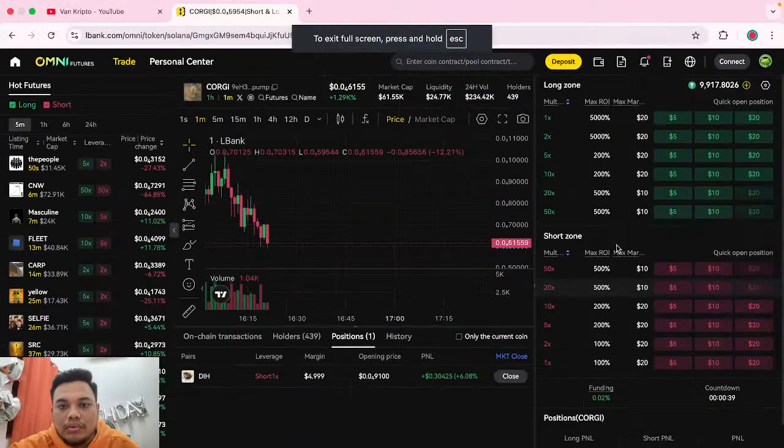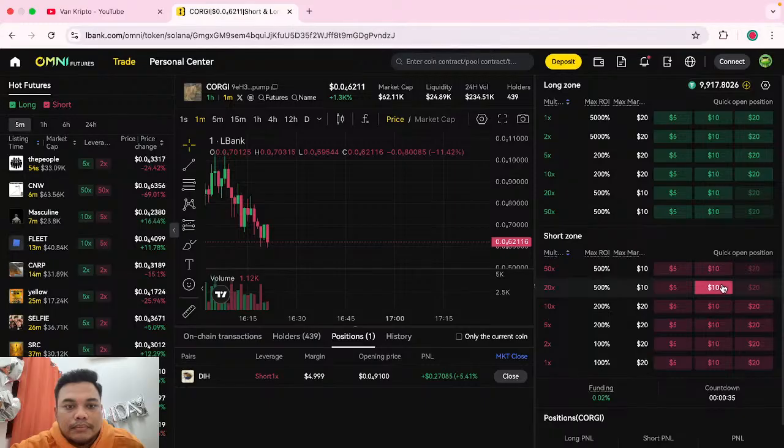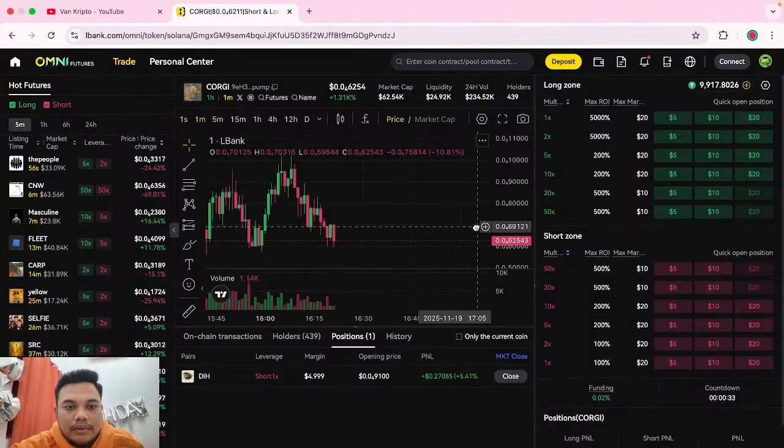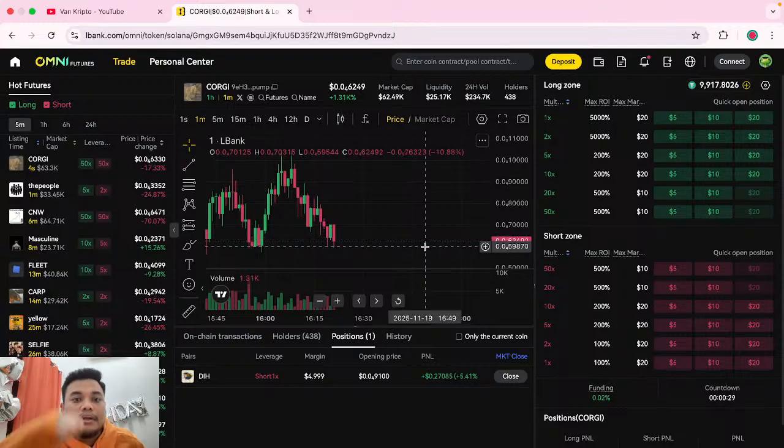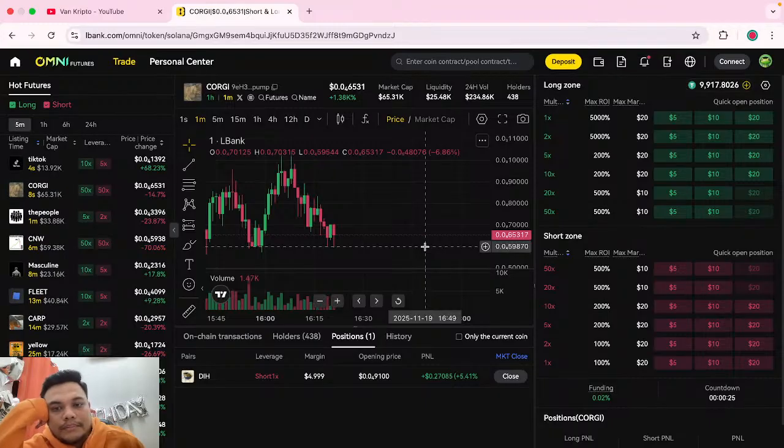Ooh, going red again. Another red coming in. I'm surely gonna put short onto that one for sure.